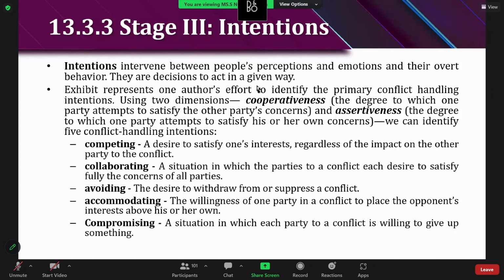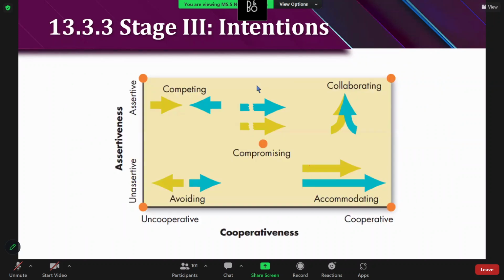So if we use these two dimensions, cooperativeness and assertiveness, to understand the five different intentions, we can organize them like this. Cooperativeness can range from uncooperative to cooperative, and assertiveness can range from unassertive to assertive.